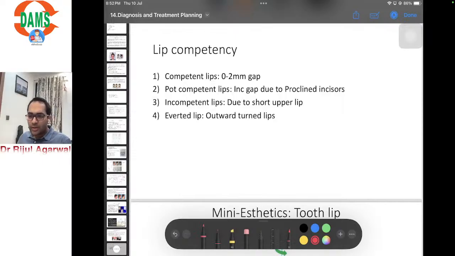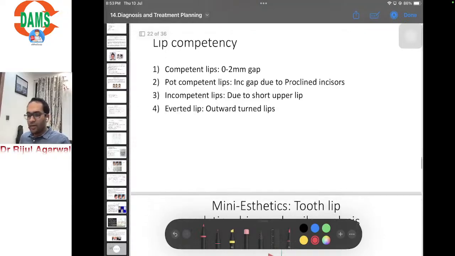Moving ahead, sir, it's a case of lip trap also. Now there are two terms, lip trap and lip biting. So lip trap, yes, correct, because of the proclined incisor the lip becomes trapped behind these incisors. Okay, moving ahead, lip competency.